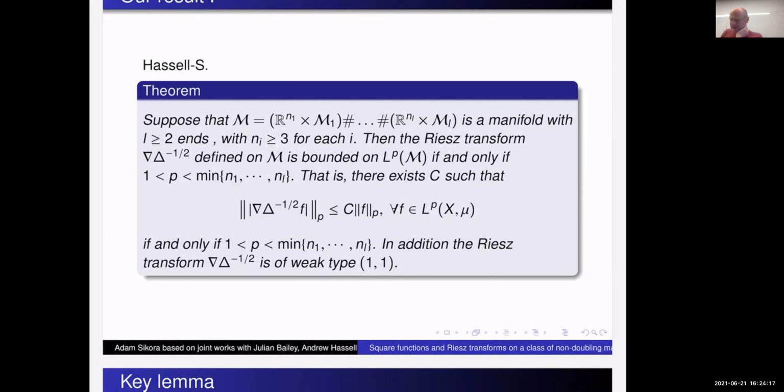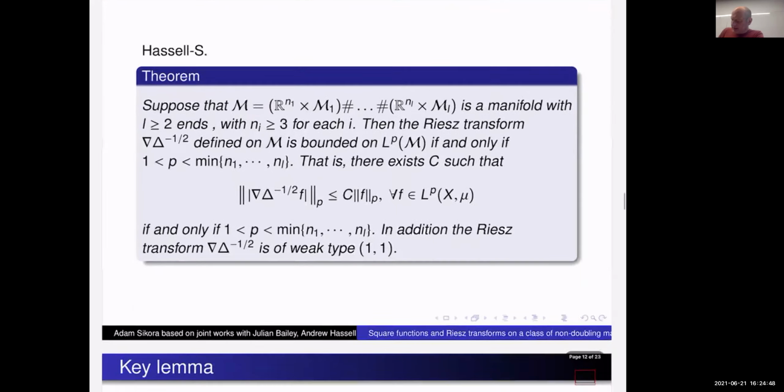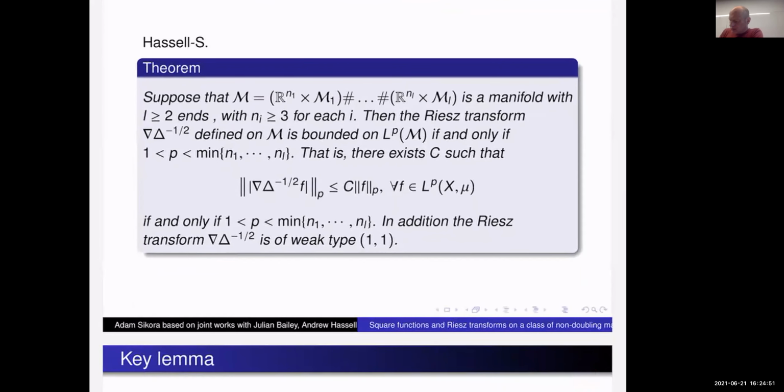So this assumption here that n_i is bigger or equal than 3 is in a sense technical, but we expect a version of this result to be valid for any dimension. This requires overcoming significant technical difficulties. The first point I would like to make here is that the Riesz transform in this case is not bounded for all p.